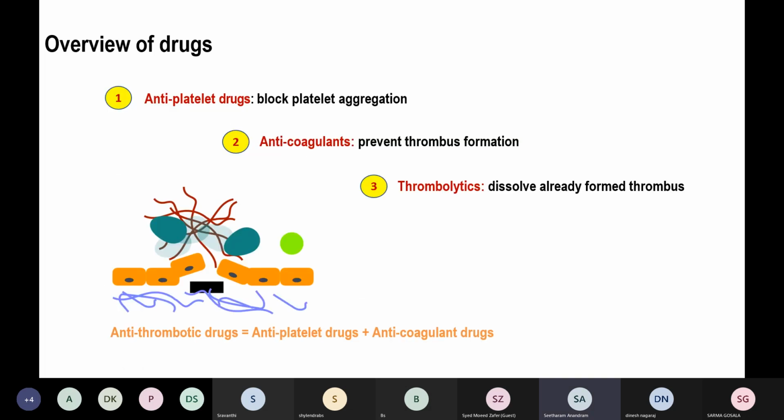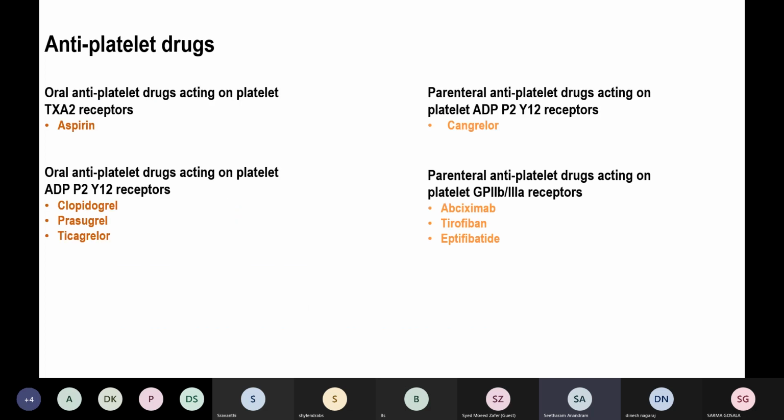Coming to the various drugs, they can be broadly classified as antiplatelet drugs, anticoagulants, and thrombolytics. The antiplatelet drugs essentially block the platelet aggregation. Anticoagulants prevent the formation of thrombus, and thrombolytics dissolve the already formed thrombus. So antithrombotic drugs include a combination of antiplatelet and anticoagulant drugs.